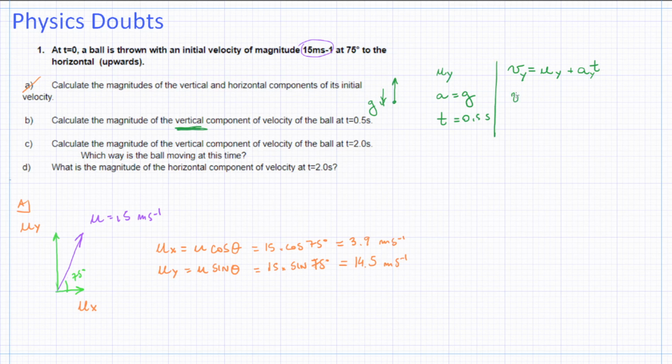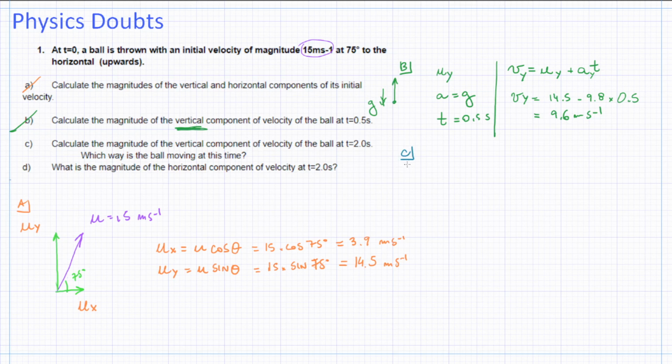So your velocity at 0.5 seconds would be your initial velocity, which was 14.5 meters per second. Now, this acceleration is against this velocity, so it would be negative 9.8 times your time, 0.5. So if you work those numbers, you should get 9.6 meters per second. So letter B is done.